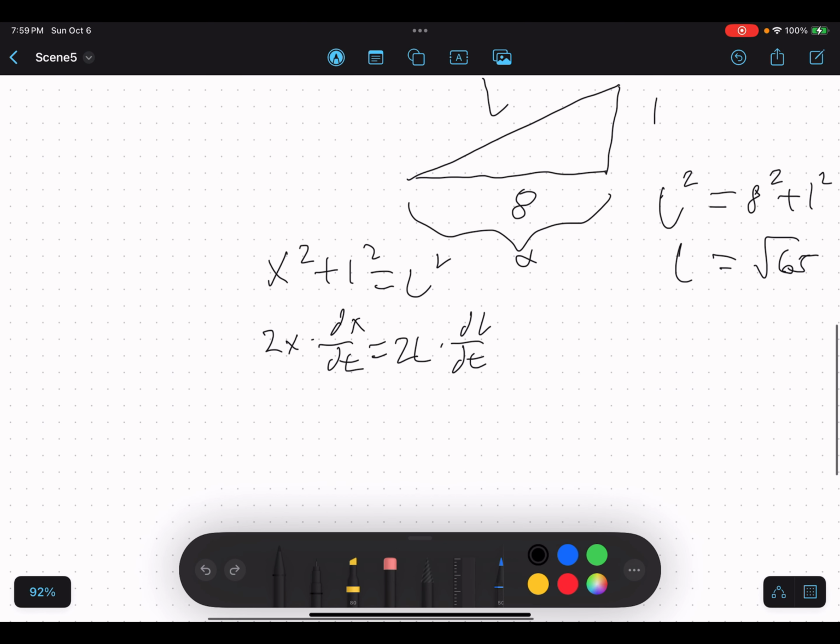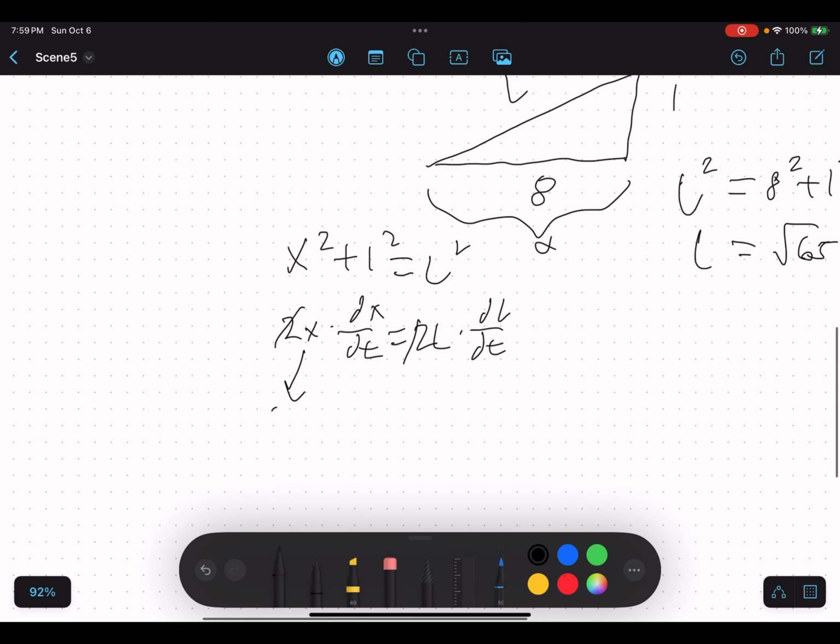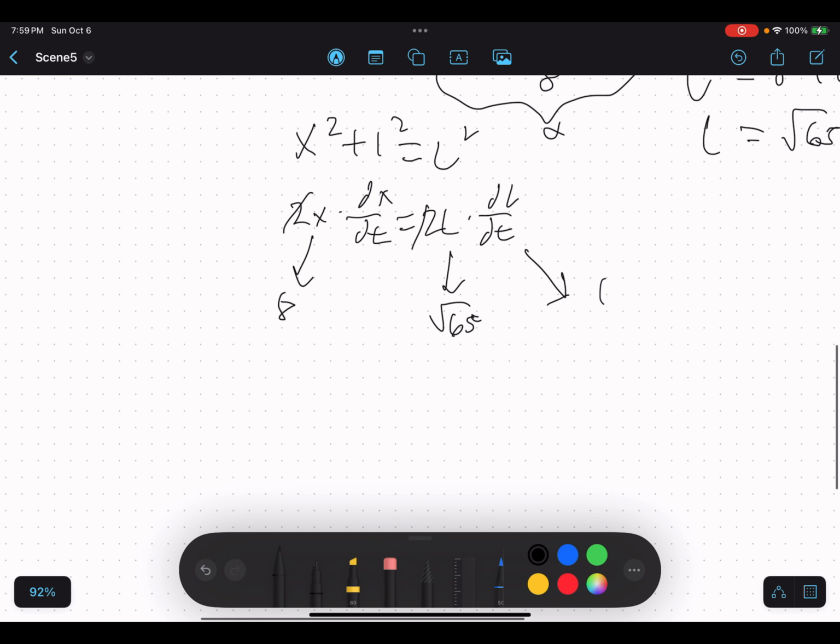All right, let's cancel out the 2's. We know x is 8, dl over dt is 1, and L is root 65, right? So that leaves us with... and that's our answer.